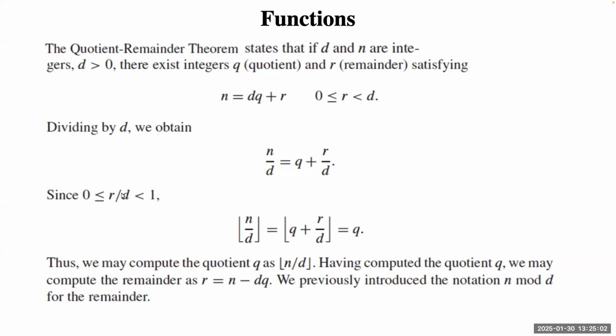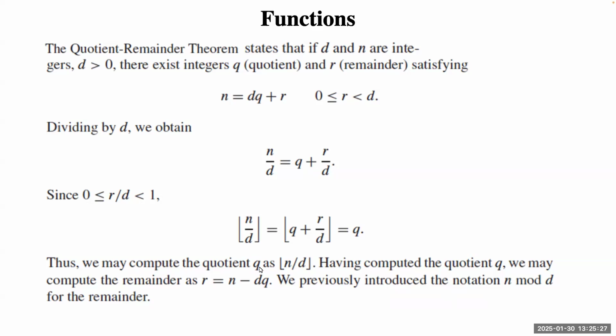Since r over d is always greater than or equal to 0 and less than 1, I can take the floor of n over d, which equals the floor of q plus r over d. The floor of q plus r over d is going to be q. So this way we may compute the quotient q as the floor of n over d.